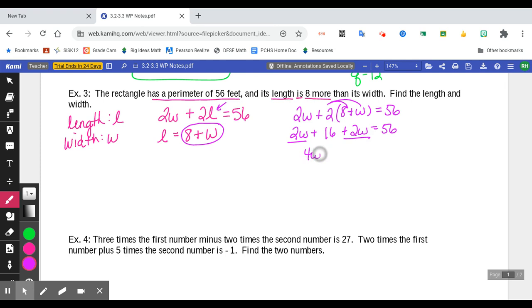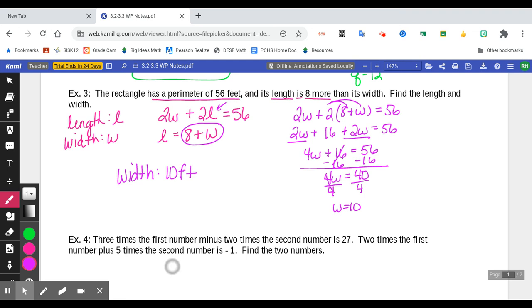Combine like terms is 4W plus 16 equals 56. Subtract 16, 4W equals 40. Divide by 4, and W equals 10. So the width is 10 feet. The length is 8 more than that, so that makes the length 18 feet.